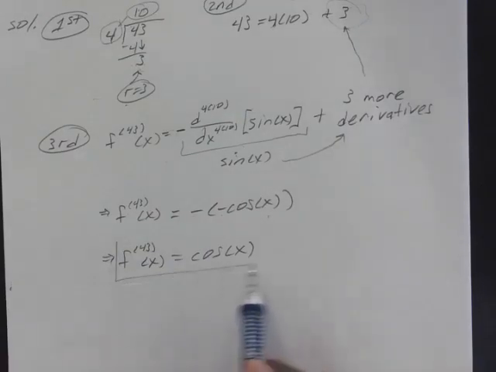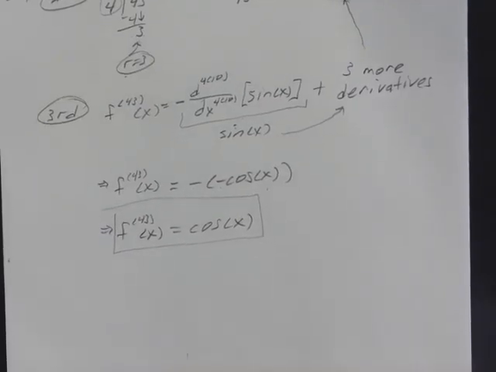Okay, so we have the 43rd derivative. Now we have to find it at the point x equals negative pi.